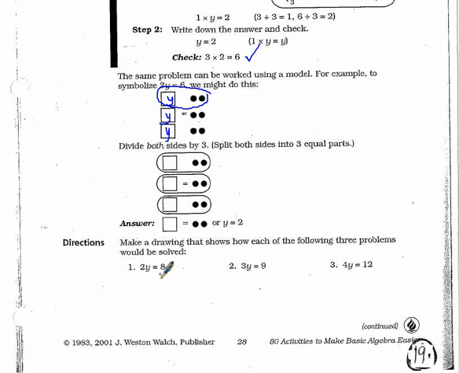2y equals 8. We know that when the coefficient is next to a variable, the operation going on between them is multiplication. We want to use the opposite to undo this multiplication and get the variable by itself. Remember, this variable is like our gift, and we want to know what it's equal to. So we need to unwrap it. It's all wrapped up in multiplication, so we're going to unwrap it with division.